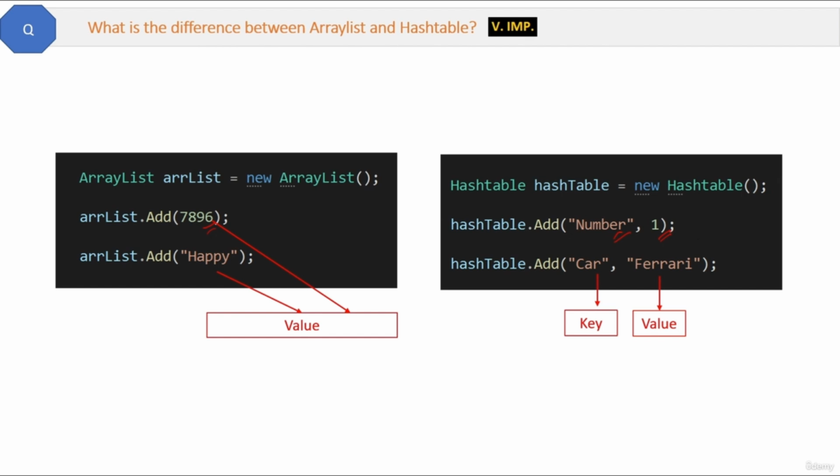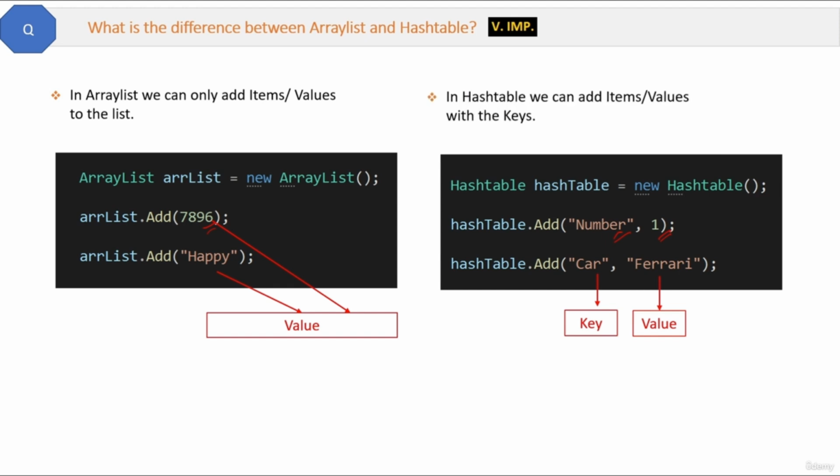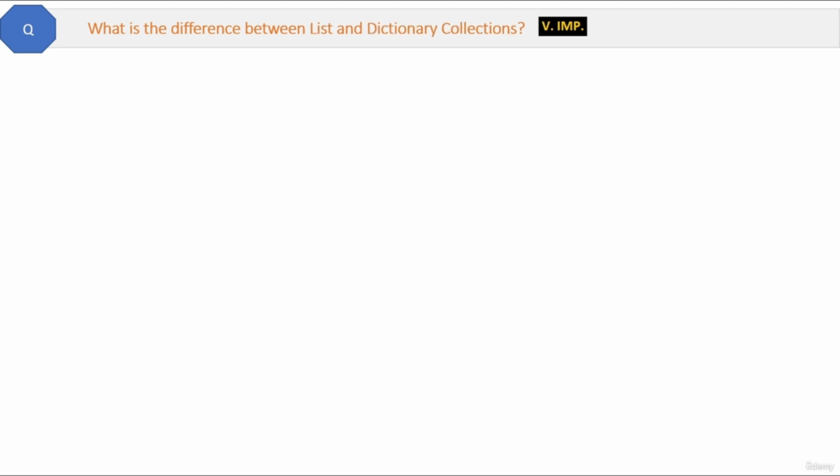So when you want to retrieve the values from a Hashtable collection, you can directly use the keys to extract its value. This is the benefit of the Hashtable. So the differences are, in an ArrayList we can only add items or values to the list, whereas in a Hashtable we can add item values with the keys.